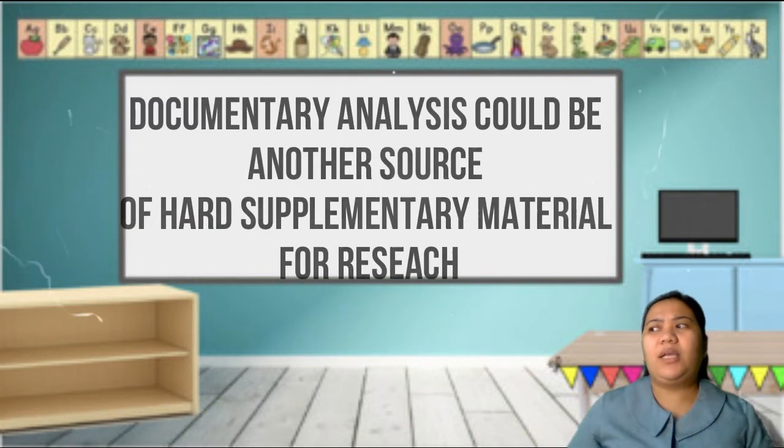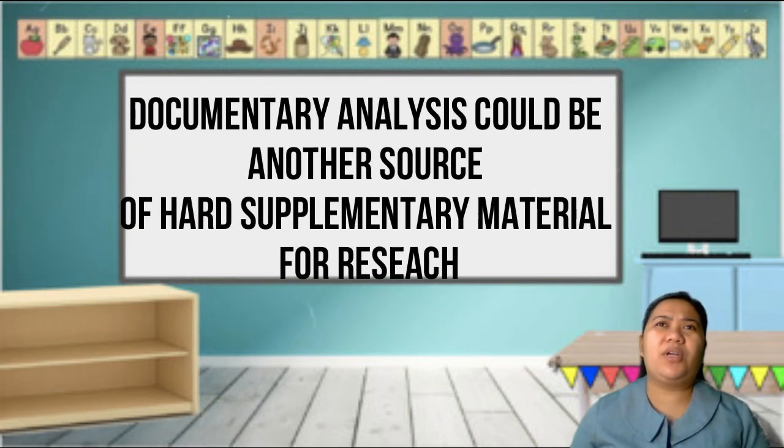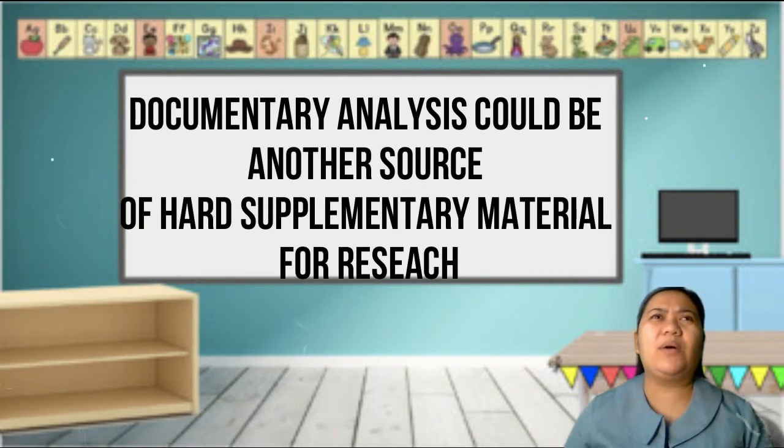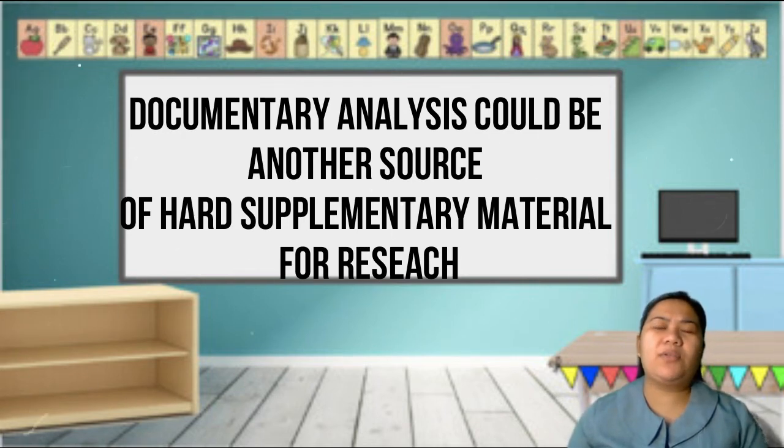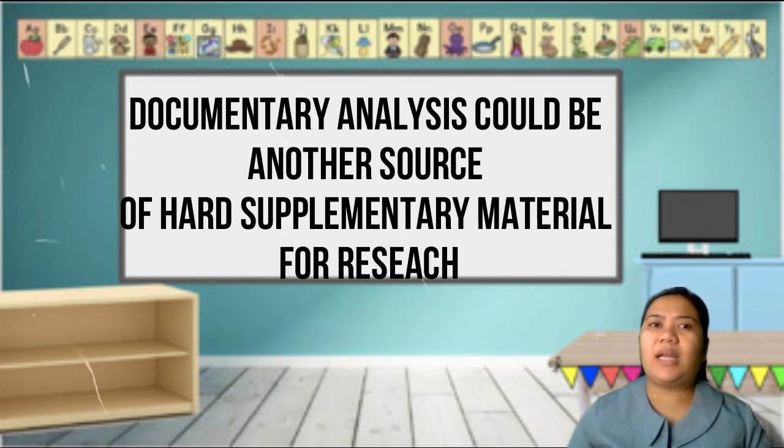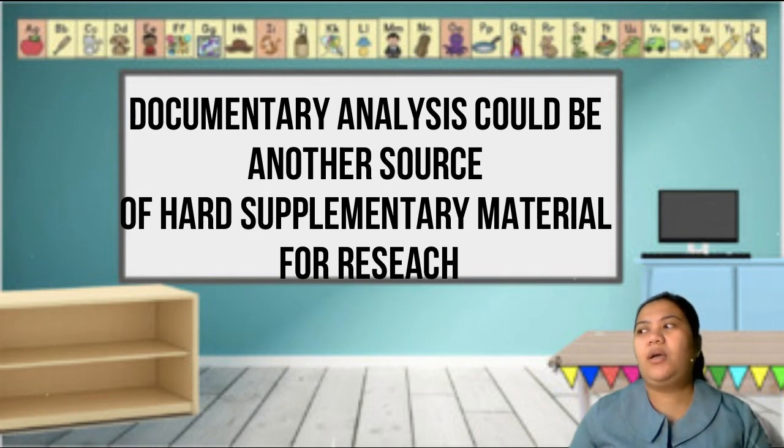So let's say your target number of students last year for your research is 1,000, and this year you want to plan the same type of research, but there was a decrease in the number of students because some of them transferred or really stopped their education.